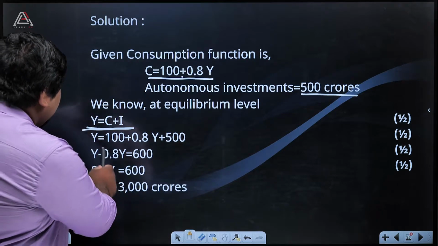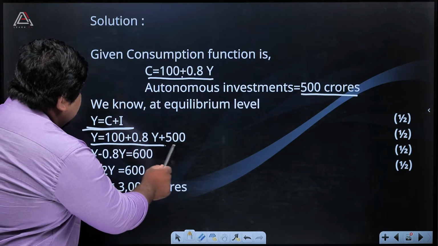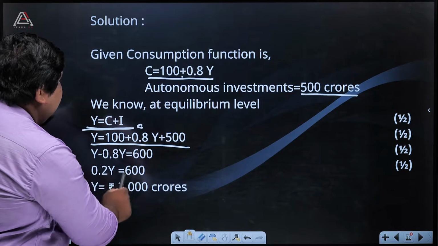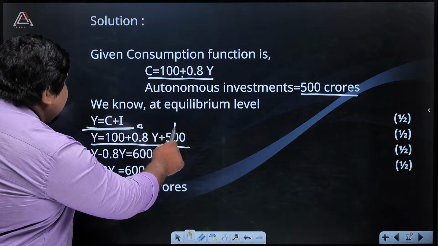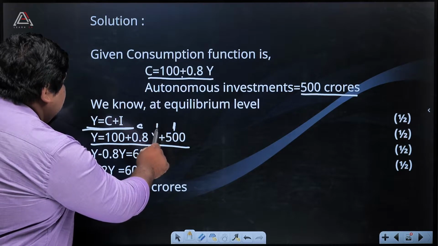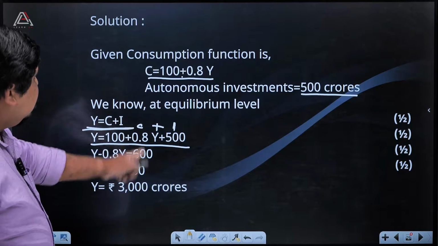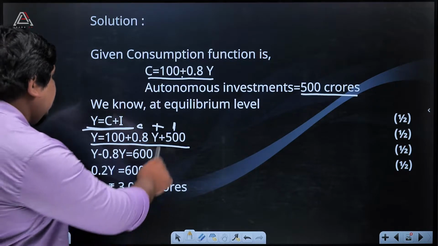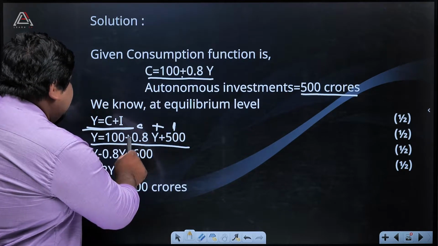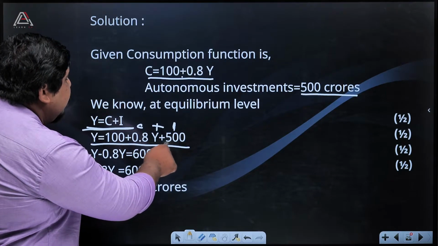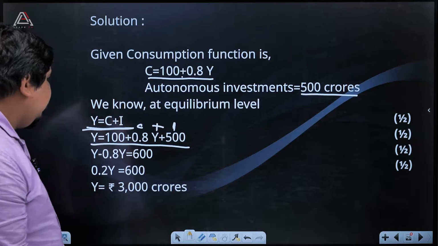So we are writing these functions here. Up to here C, then this one is investment. So we can write like this. Y is equal to C plus I. C function is there, 100 plus 0.8Y, then we have 500.